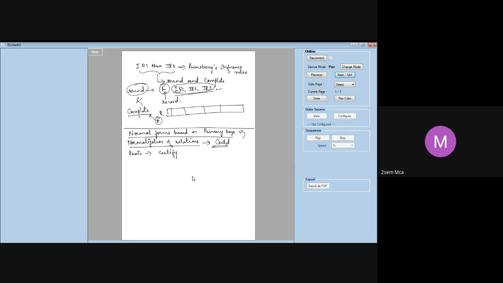That is what you call the process of normalization. So normalization means any table should undergo a series of tests, to certify, finally, whether it satisfies a certain normal form or not. That process you call normalization.